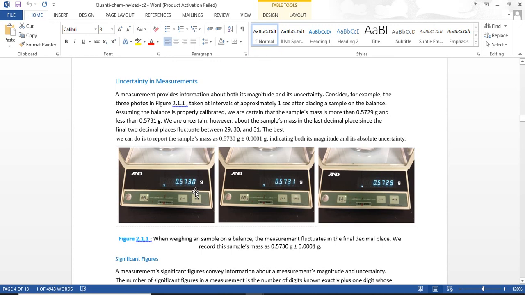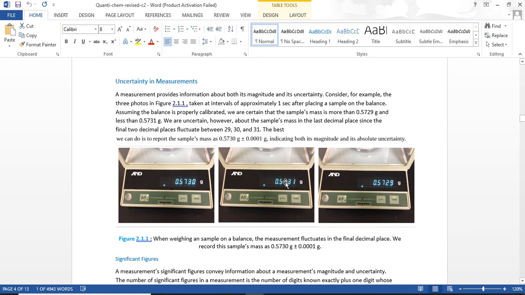Then another term is placed beside your calculated mass, which is your 0.001. This means that the mass of your sample will either increase by 0.001 or decrease by 0.001. You will either get 31, 29, or 30.